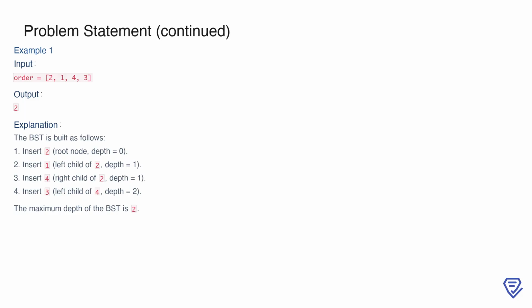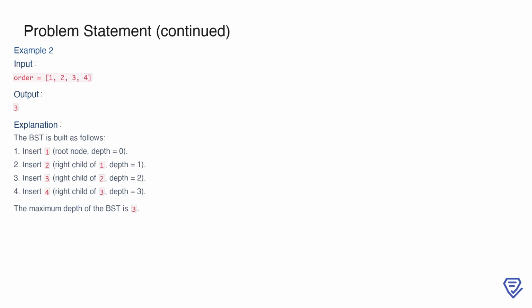Then, 4 is inserted. Since it's greater than 2, it becomes the right child of 2, also at depth 1. Finally, 3 is inserted. It's less than 4 but greater than 2, so it becomes the left child of 4 at depth 2. The maximum depth among all nodes in this BST is 2, which is the output.